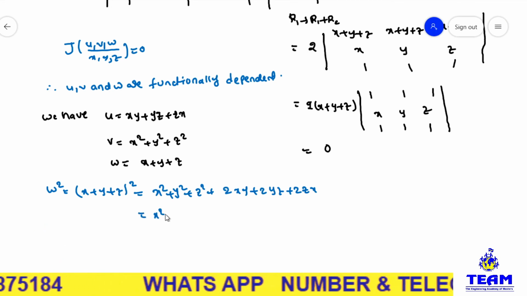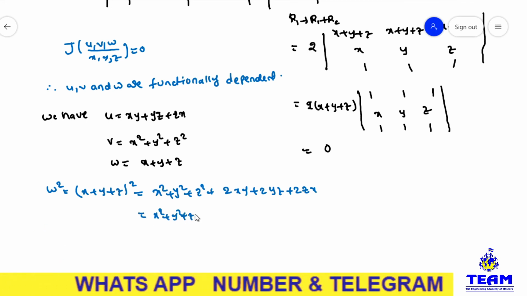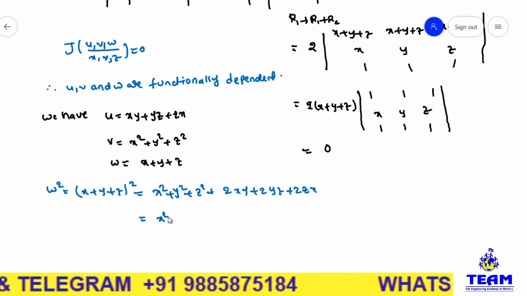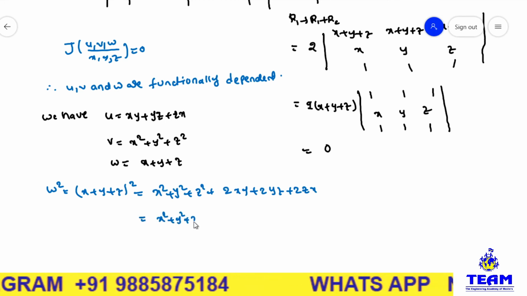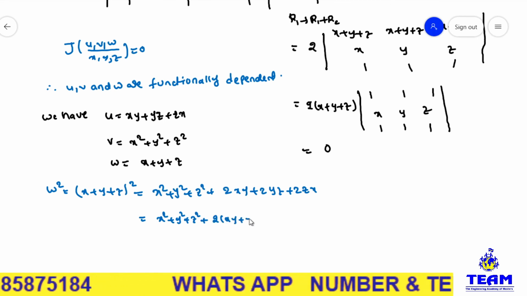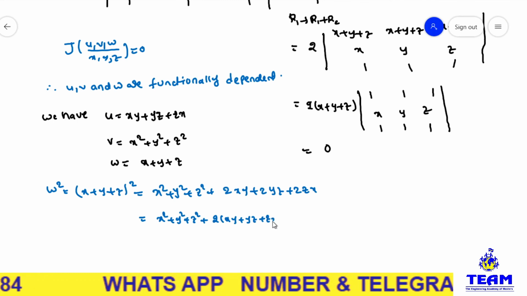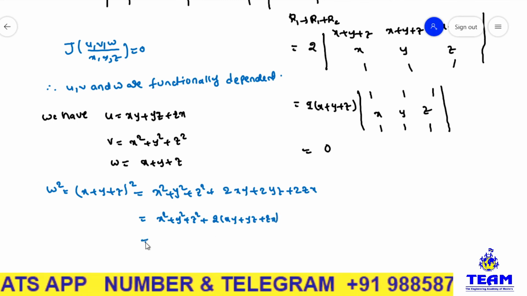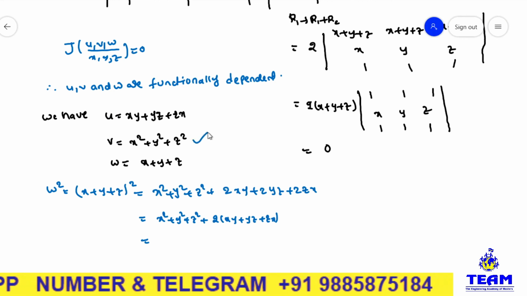Now, w square is equal to x square plus y square plus z square plus 2 times xy plus yz plus zx. Okay. Now, here you observe x square plus y square plus z square, what do we have?